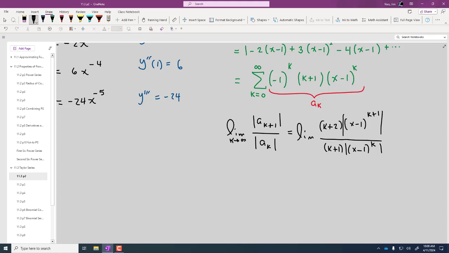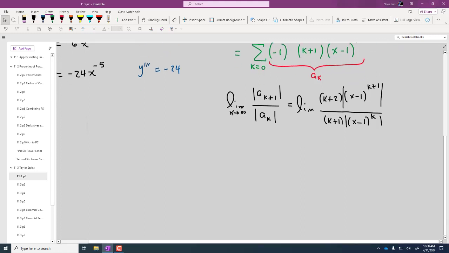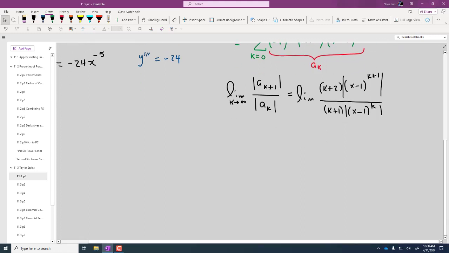What do the x's simplify to? There's one extra x minus 1 up top, in the numerator. That does not have a k in it, so it can come all the way out to the front. So then we're left with this.